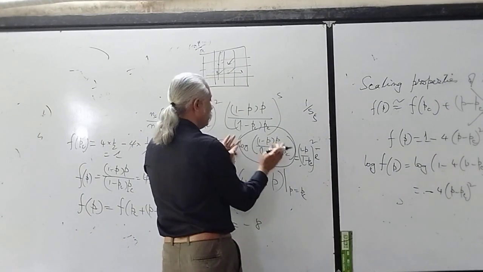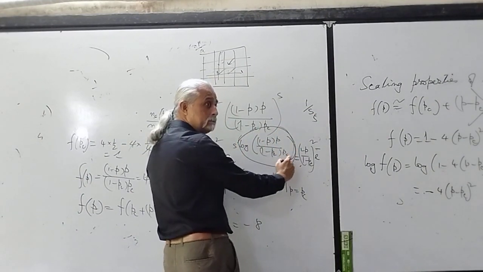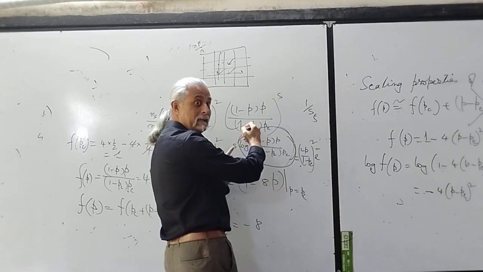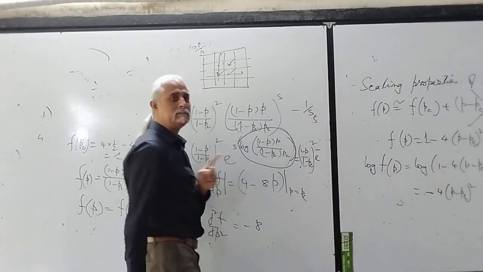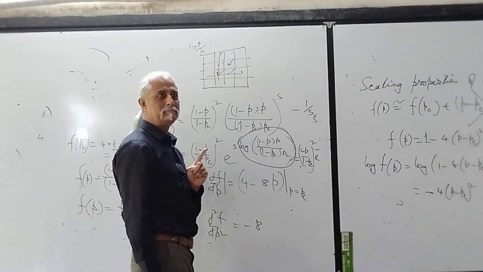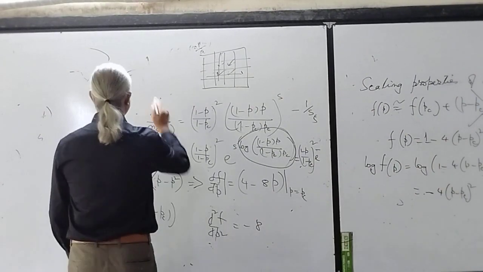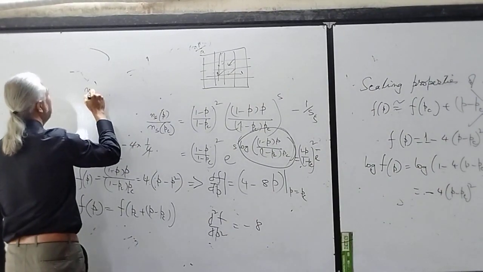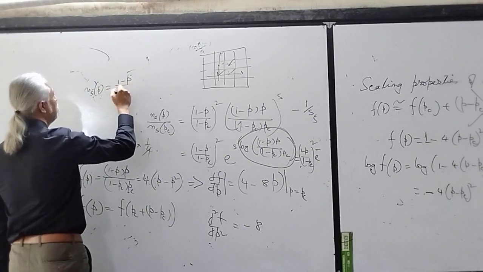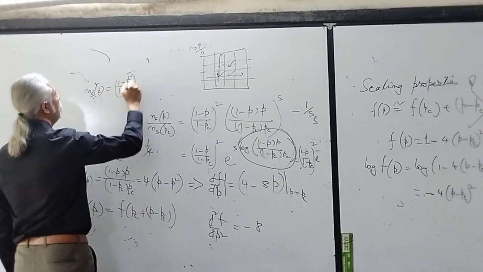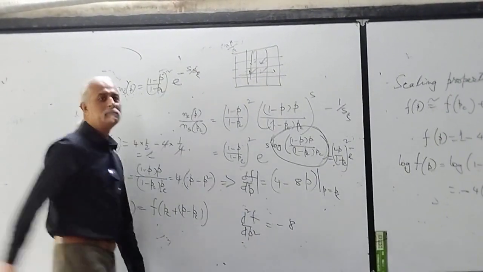The thing in the circle that you see is defined as minus 1 by s theta, so that I can write n(s,p) equal to 1 minus (p minus pc) whole square e to the power minus s by s theta.